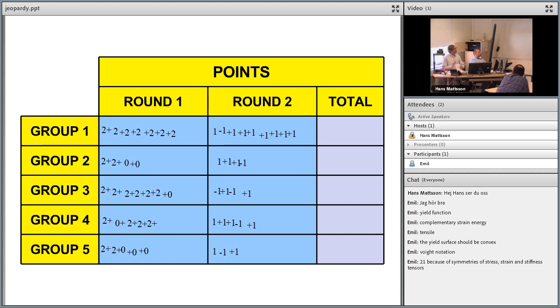What should we do a contraction on to get plastic incompressibility?